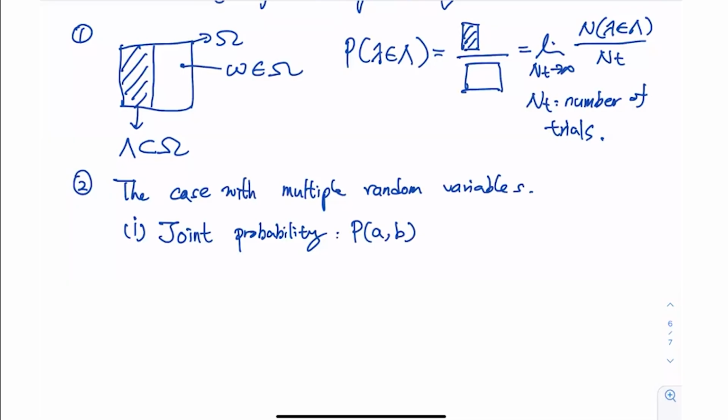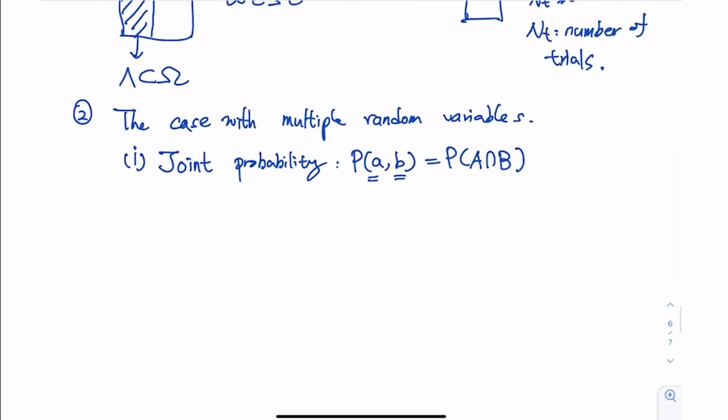It just means the probability that event A happened and event B happened. So to some extent, it's the probability of a subset that is the intersection of set A and set B.